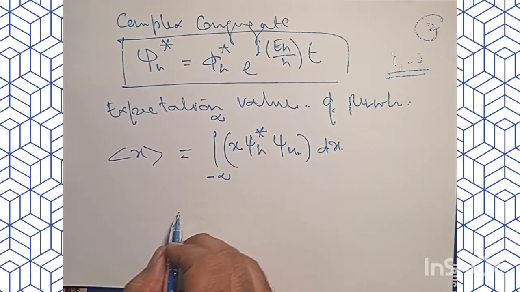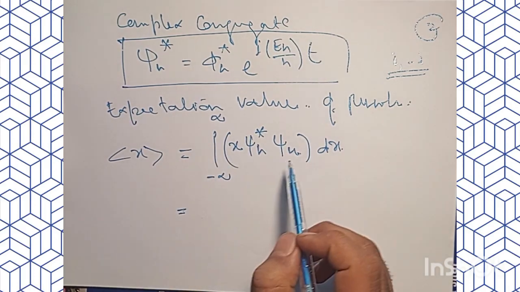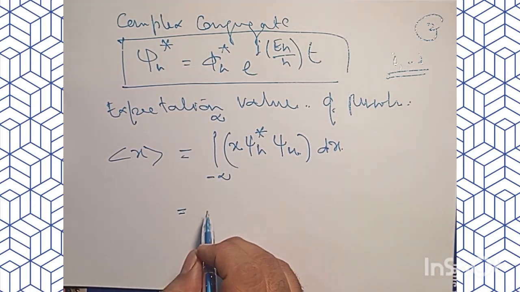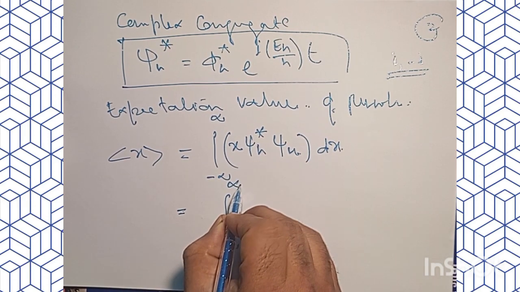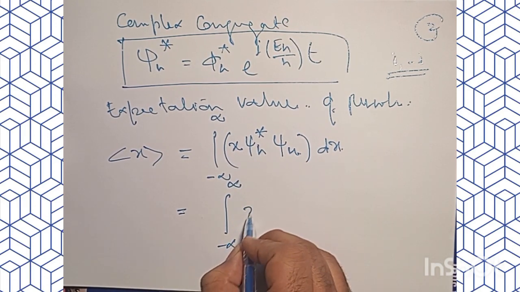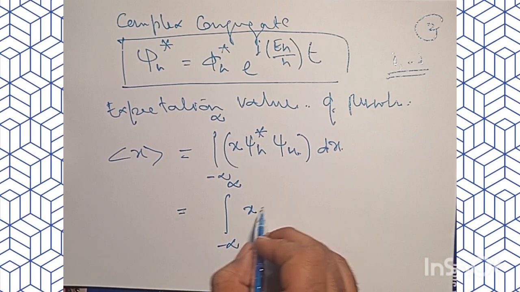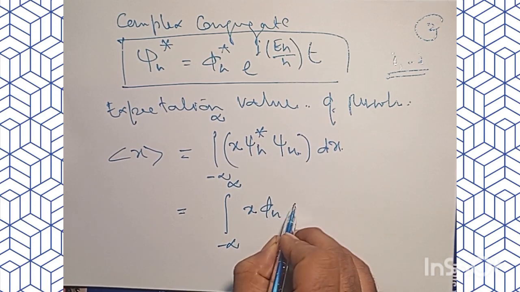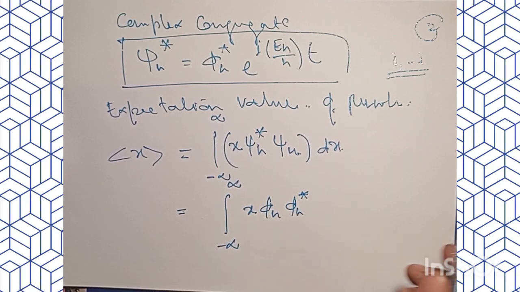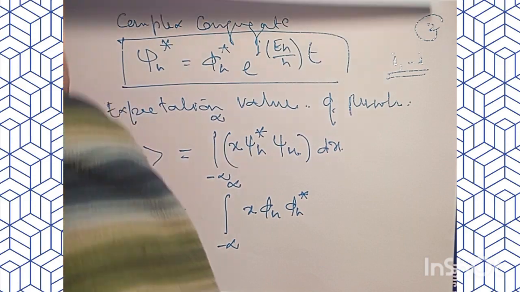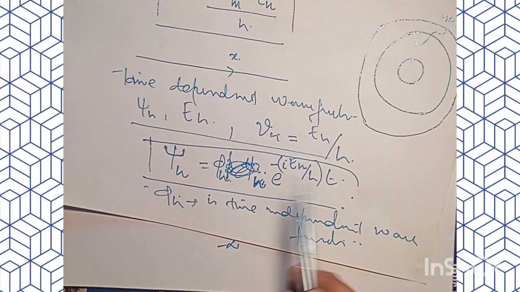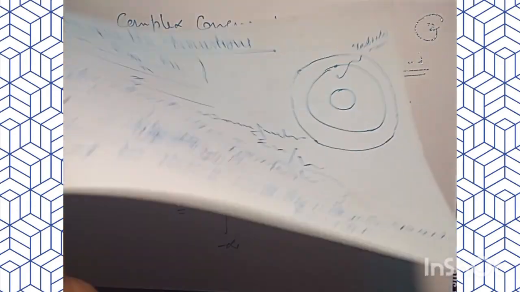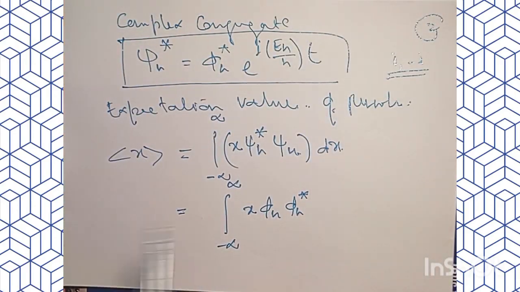We can immediately write down the wave functions that we have already written. So we get the integral from minus infinity to infinity, x will remain there, and we will have phi n and phi n star. When we multiply the two exponentials, for one I have negative and for the other positive, so their product will simply give me 1.